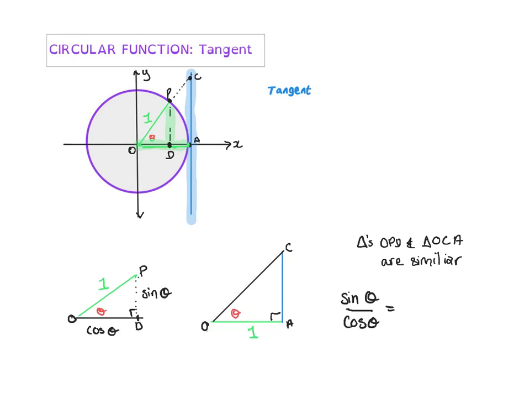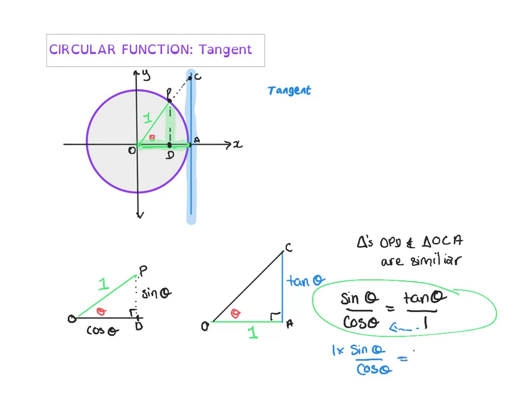So if we're saying it's similar, I'm going to call this side tan angle, okay, so we can say that it's similar to this, and we've got tan, if I do the same sides, over 1. Okay, so if you see that, this is just to prove. So therefore, if I rearranged this formula we just did here to make tan the subject, we would move the 1 over, and you'd have 1 times sine theta over cos theta, which is essentially itself.